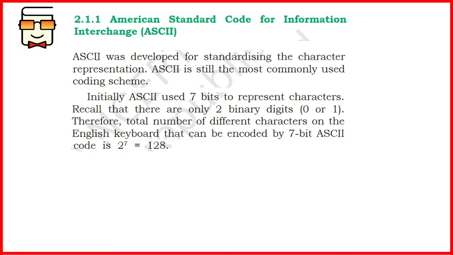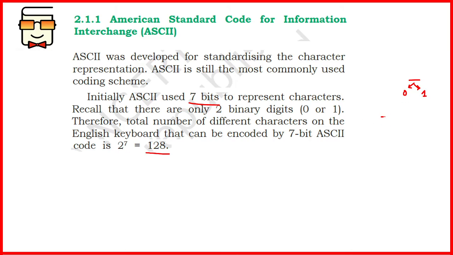So the ASCII code was 7 bits in length. Okay, 7 bits means you can represent a total of 128 unique combinations. So how does that happen? I have told you previously also that a single bit is able to represent two different digits, 0 and 1.